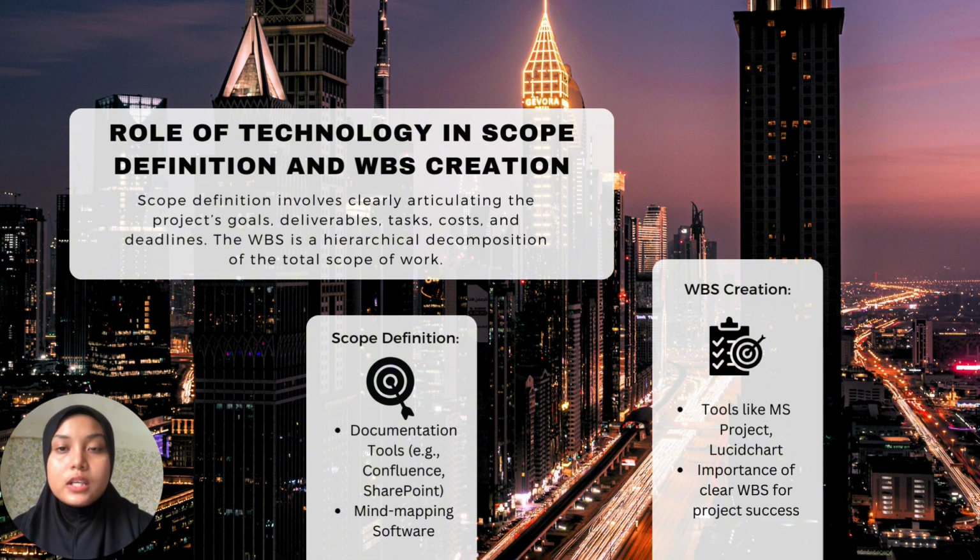The next one is role of technology in scope definition and WBS creation. For scope definition, in document tools, we use Confluence for central documentation, and mind mapping software, we use MindMaster for brainstorming scope elements. For WBS creation, we use Microsoft Project to create detailed WBS structures, and Gantt chart for visualizing the project breakdown.